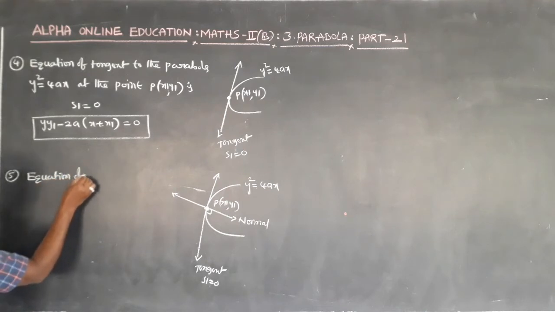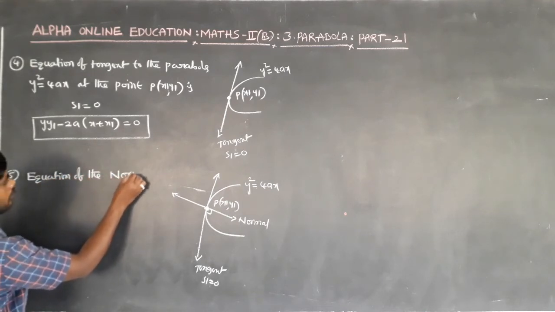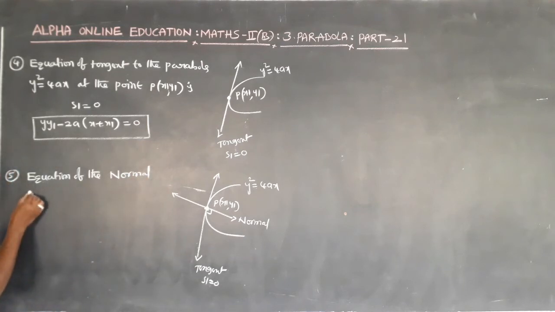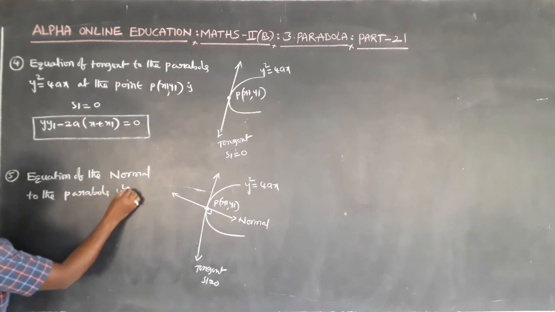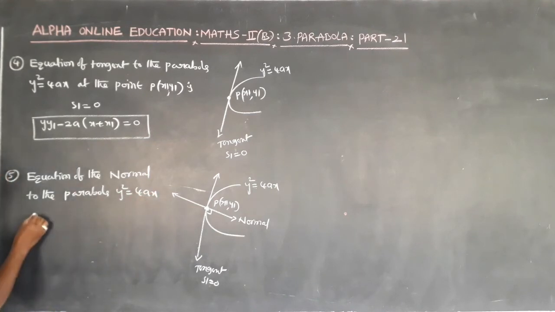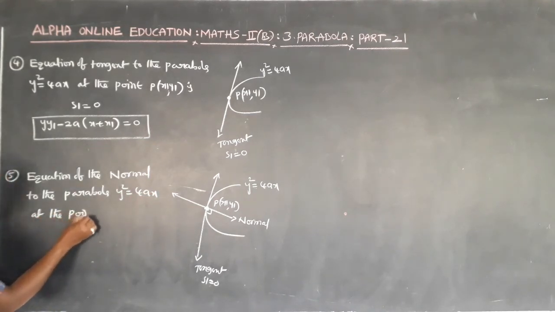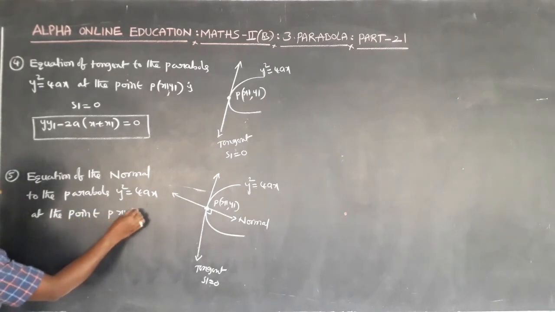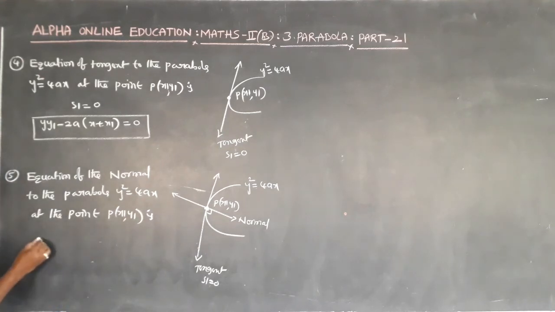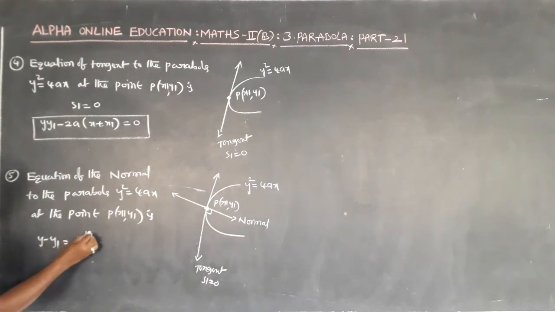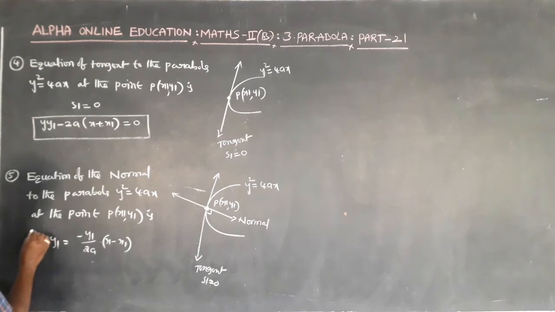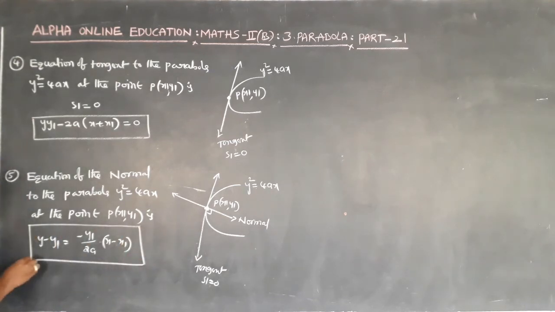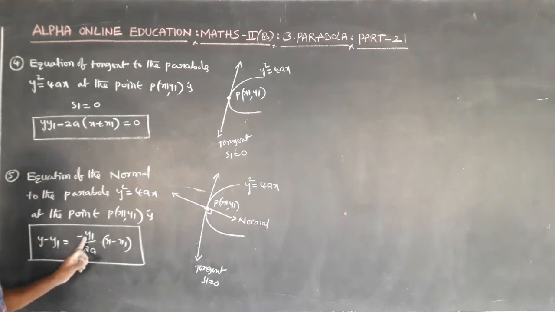Equation of the normal to the parabola y square is equal to 4ax at the point P of x1 comma y1 is: y minus y1 is equal to minus y1 by 2a into x minus x1.